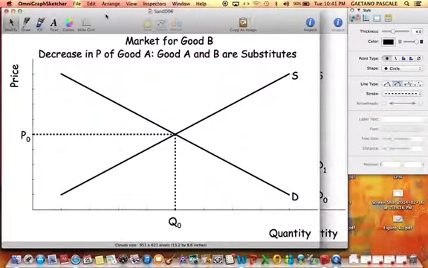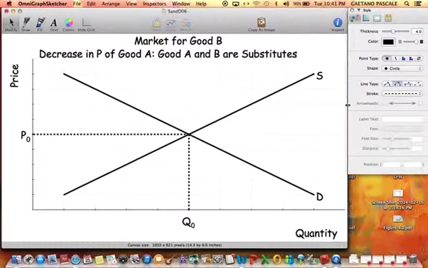Again, we have another example here, but in this example, we're sticking with good B. So this is a supply and demand for good B, and what we're taking a look at now is that there is a decrease in the price of good A, and good A and good B are still substitutes. So here are the supply and demand curves and the equilibrium price and quantity for good B, and the change in the market is that the price of good A has decreased.